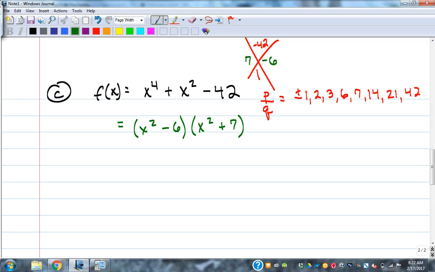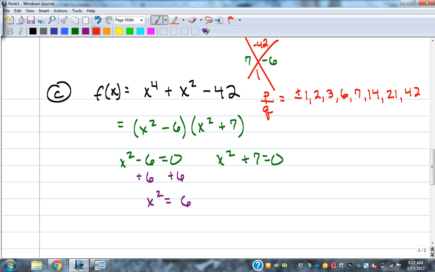Fancy. I can go straight to those factors because there's nothing in front of the leading term. The leading coefficient is 1. That lets me do that. Now, what can I do with each of those? Solve them. Set them equal to 0. So x squared minus 6 equals 0. x squared plus 7 equals 0. That's not so bad. x squared equals 6.